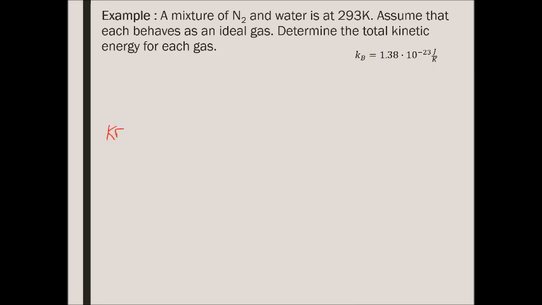So our kinetic energy for our nitrogen is going to be 5/2 k_B times our temperature, so that's 5/2 times our Boltzmann constant, which I wrote up at the top there, because I do not expect you to remember that number. I do not remember that number. So 293 Kelvin gives us 1.01 times 10^-20 joules.